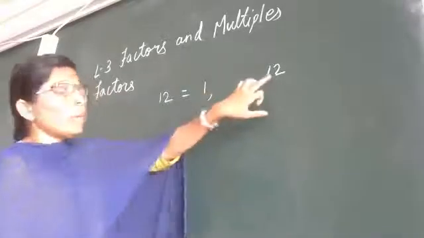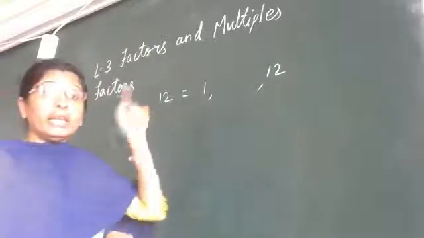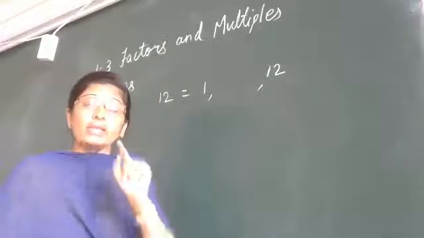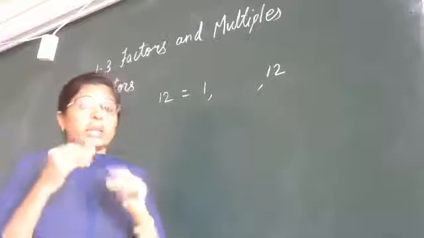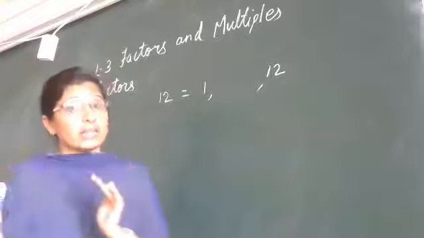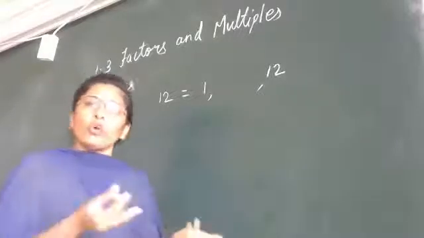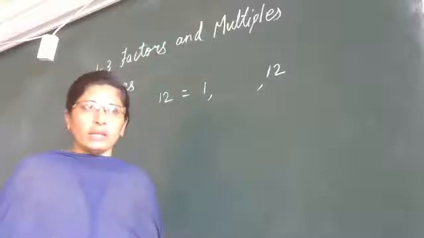Next, the number itself is also a factor of the number. Each number is a factor of itself. See, in 6 table, 6 will come: 6 1 is 6, 6 is there only. In 12 table, 12 is there. In 14 table, 14 is there.